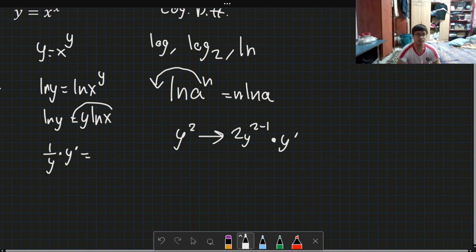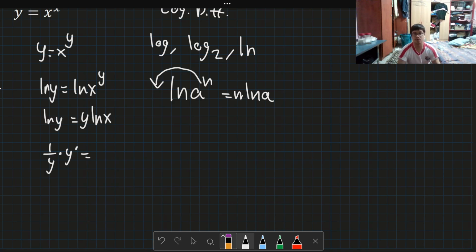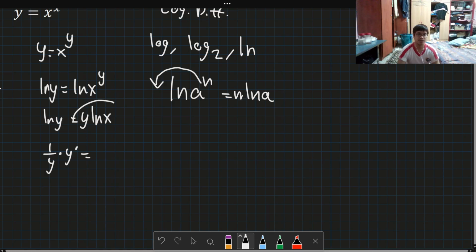Here, we will do the product rule because we have two functions: one is y and the other is ln of x. Let's take this slow, because I don't want viewers to be confused on how I got the derivative of this one. So you will use the product rule.